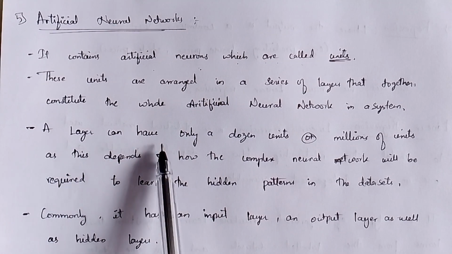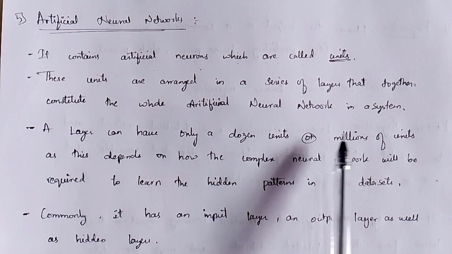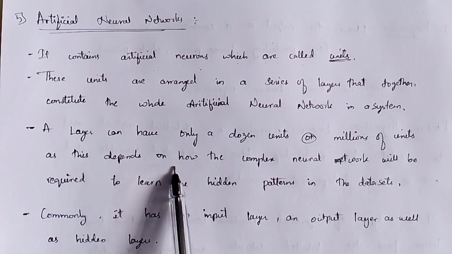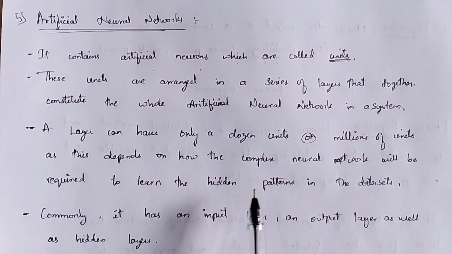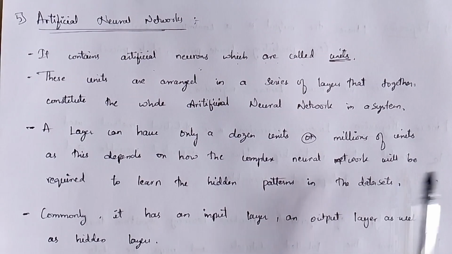A layer can have only a dozen units or millions of units, as this depends on how complex the neural network is required to be to learn the hidden patterns in the data sets. As a human brain has millions of neurons, like that, in artificial neural networks we can have a few dozen units or millions of units.